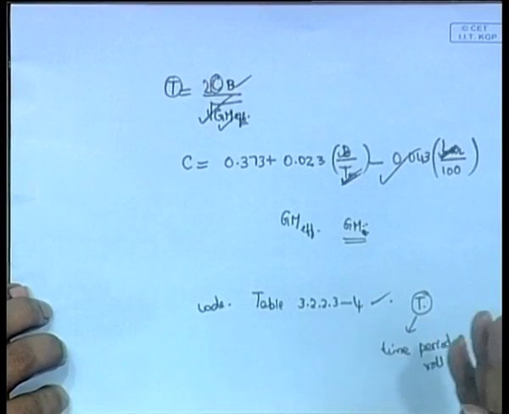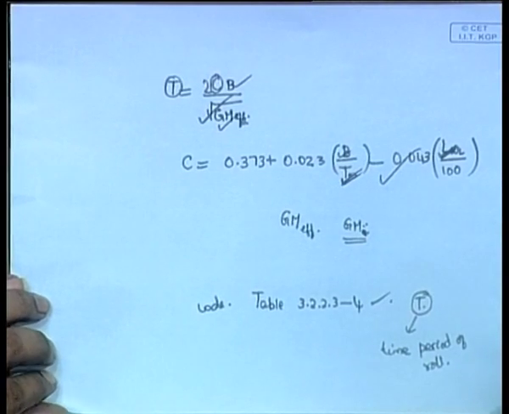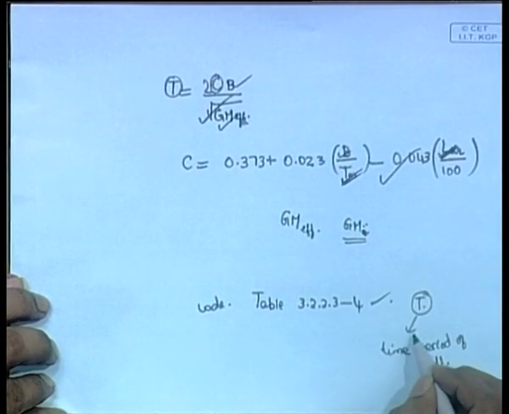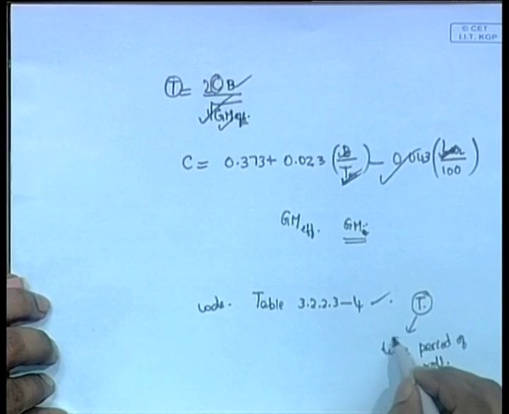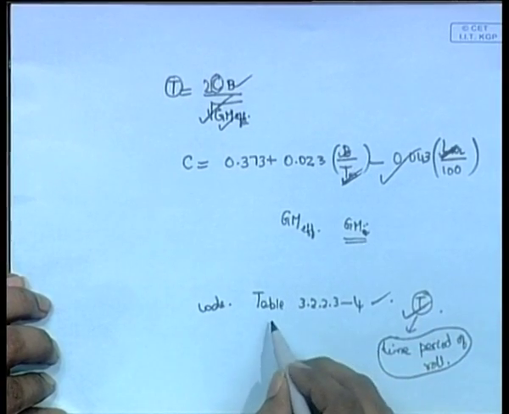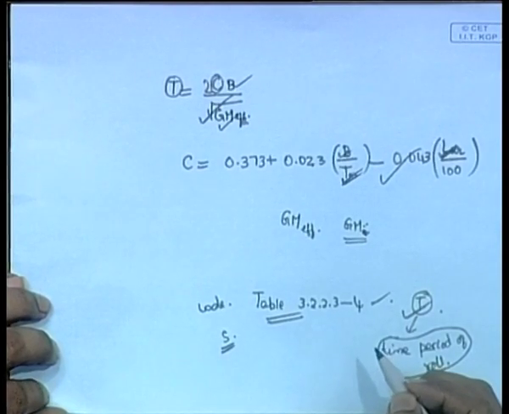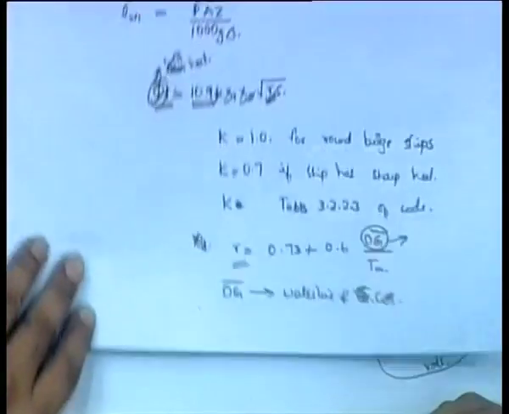So, it depends upon length, breadth and draft. And it depends upon GM, that is the GM of the ship, the net GM or the effective GM. So, once you get the time period of roll, you go into this table, it will give you values of S as a function of time period here.